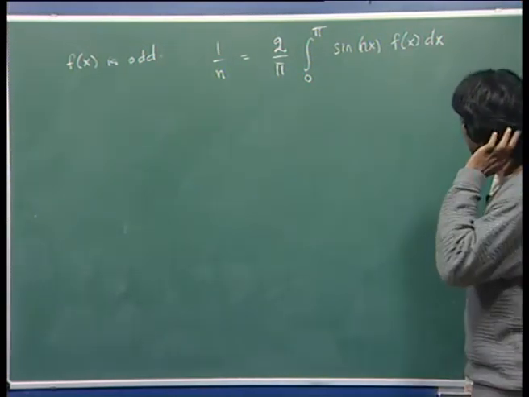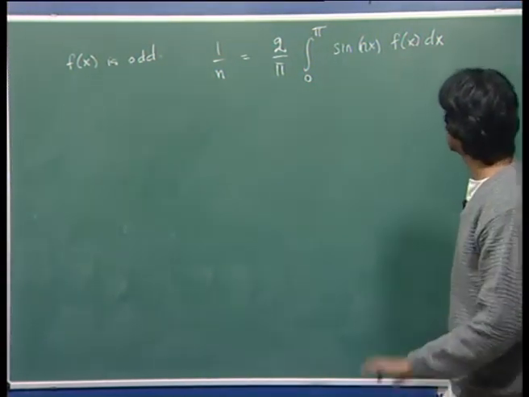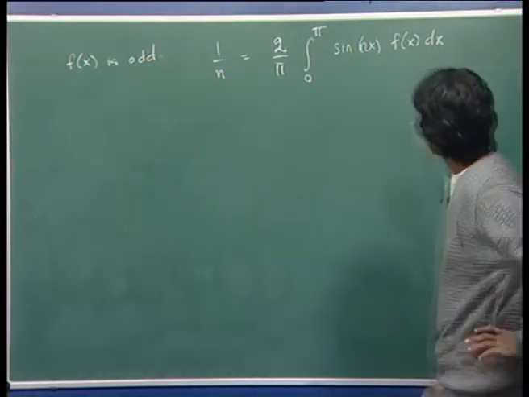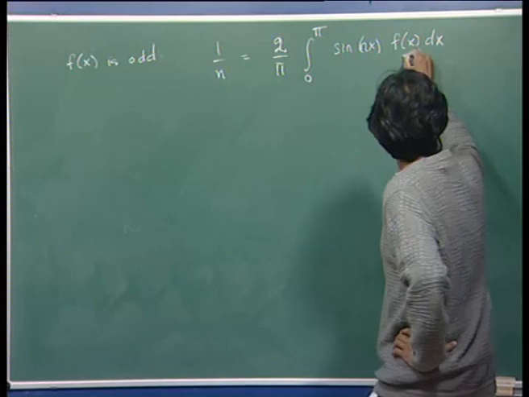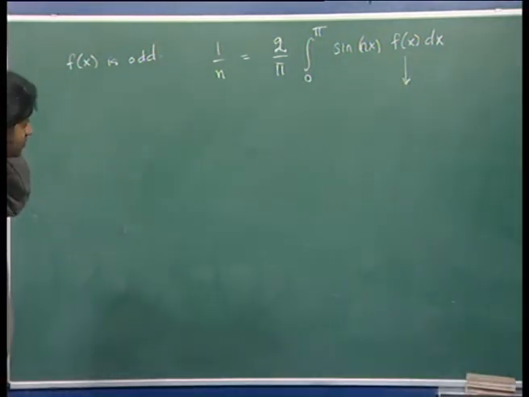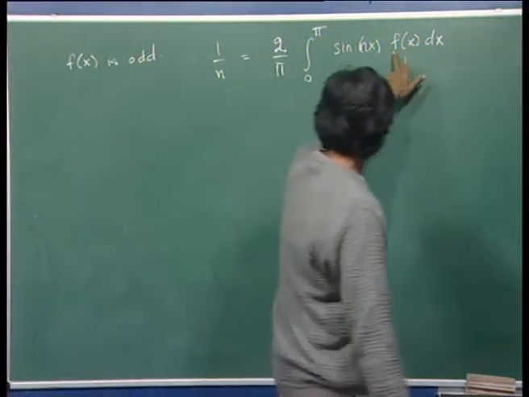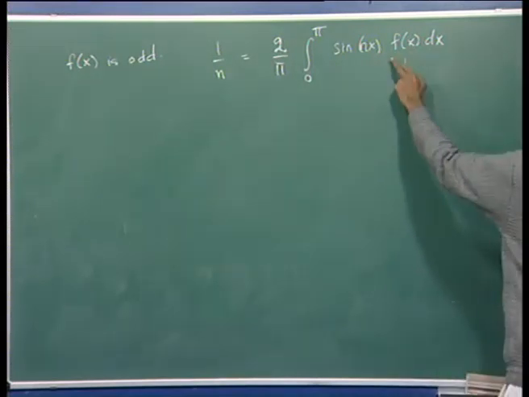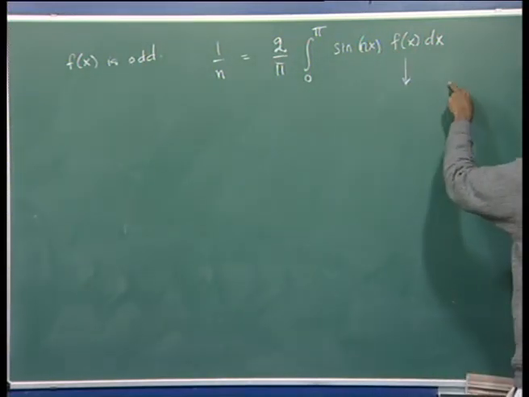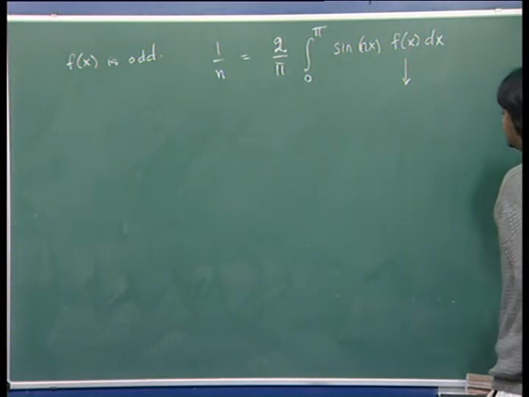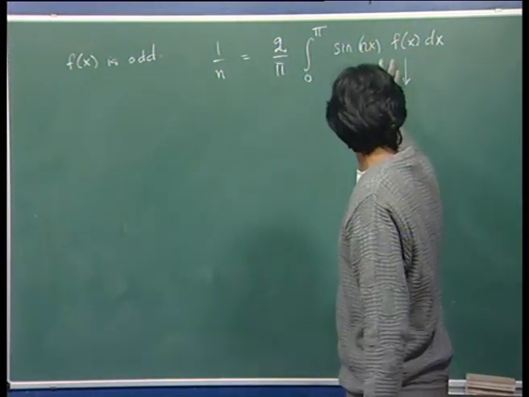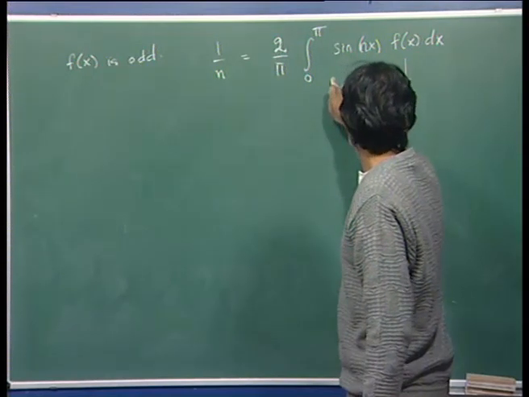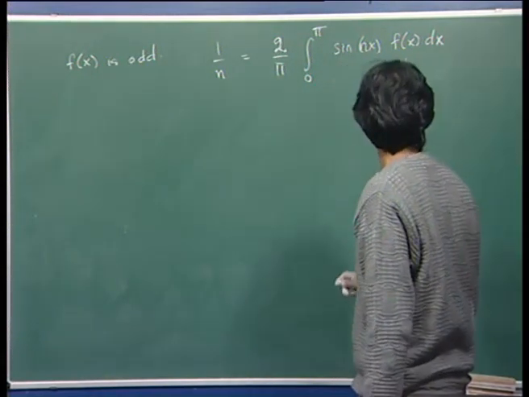So then what I am going to demand is that f(x), since it has to be odd, if for positive x this was just a constant, then you would get a 1 by n, but a constant turns out to be an even function.